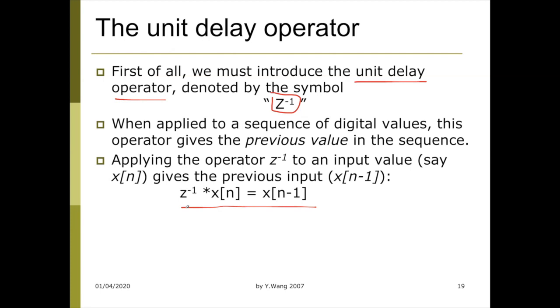In that case, we actually encode time into this delay factor z, because the difference between x[n] and x[n minus 1] is time. This is the current input and this is the previous input. So we encode this time into z power minus 1.